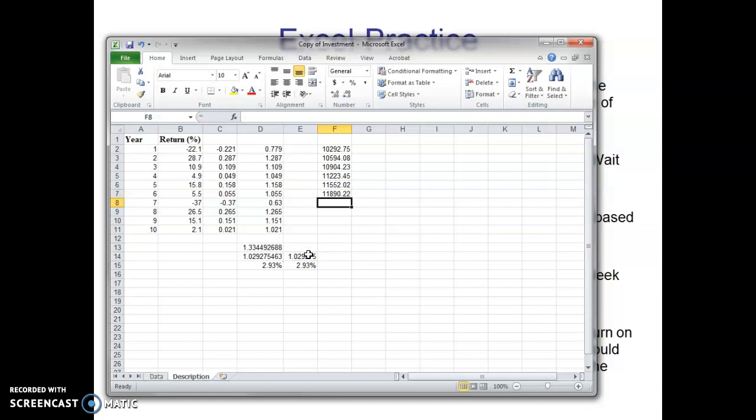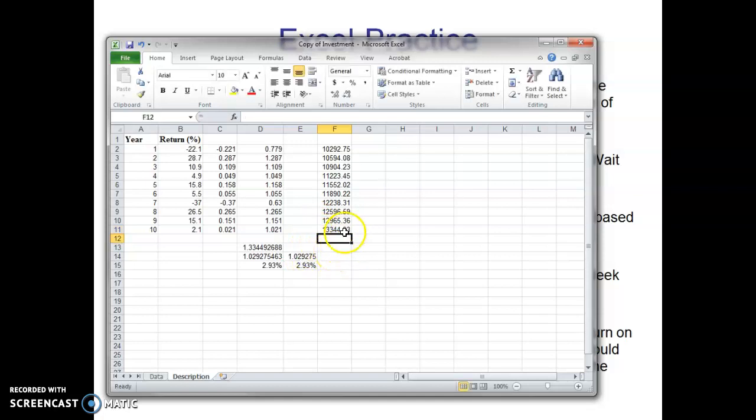Year 6. Year 7. Year 8. Year 9. And at the end of year 10.